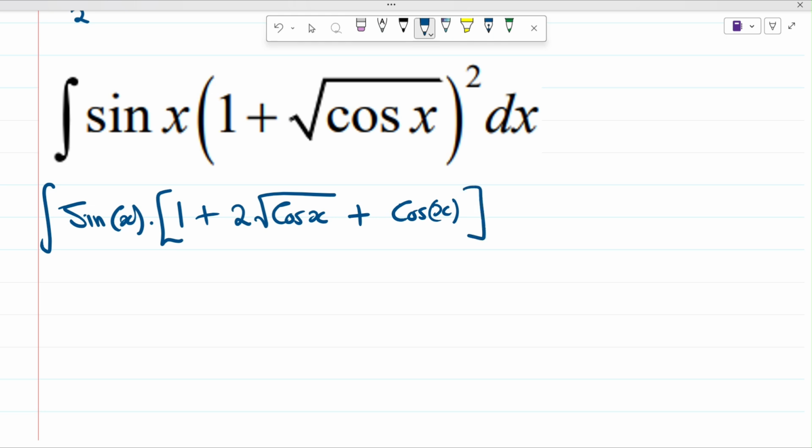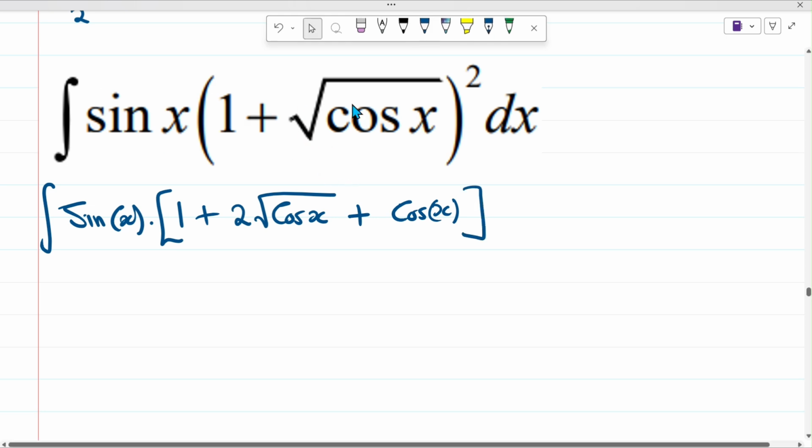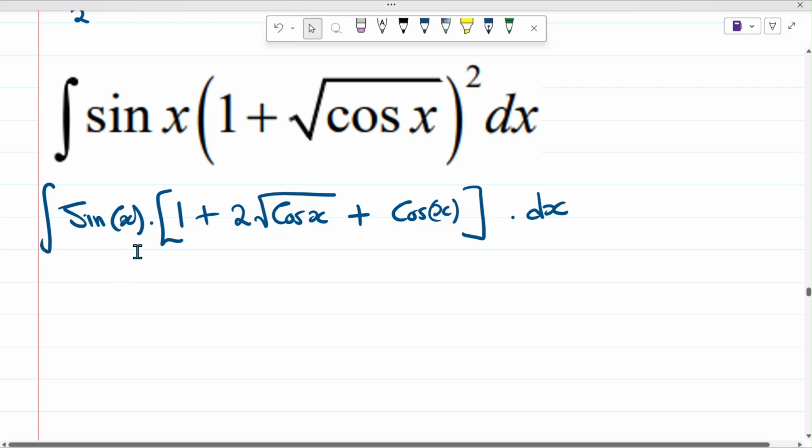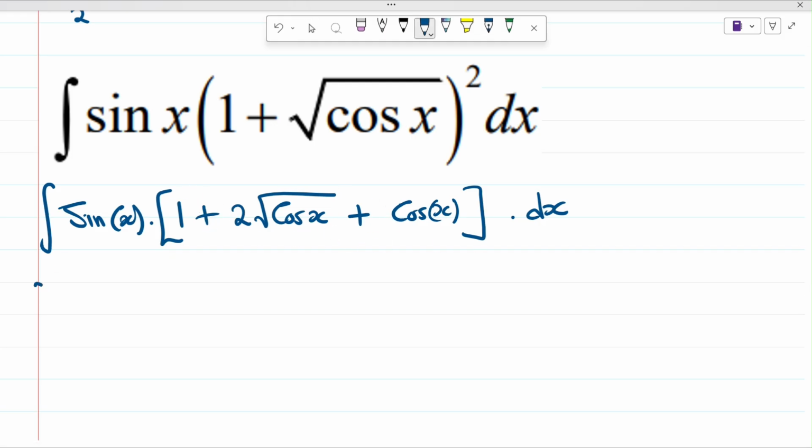What I did there, I expanded this into two brackets. When you expand, you will multiply out, definitely you will get to this, so don't be confused with regards to what I did there. And then after that, I'm now going to multiply this sine x by each and every term inside the brackets there.